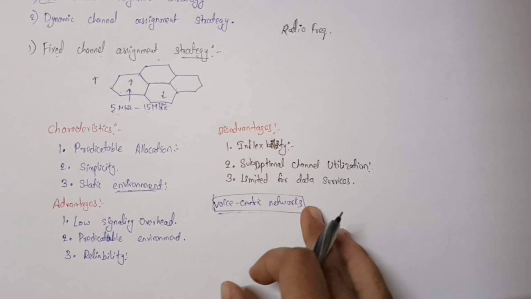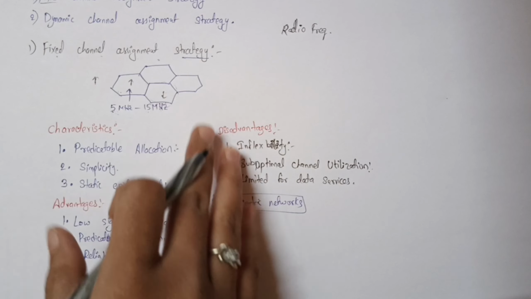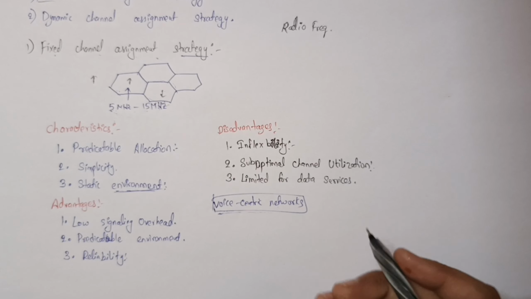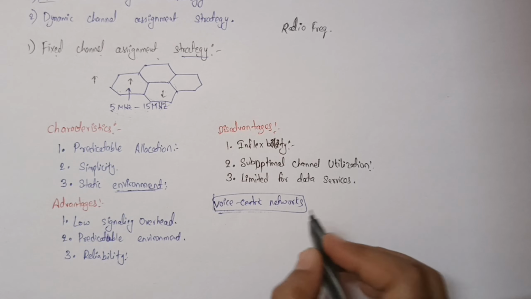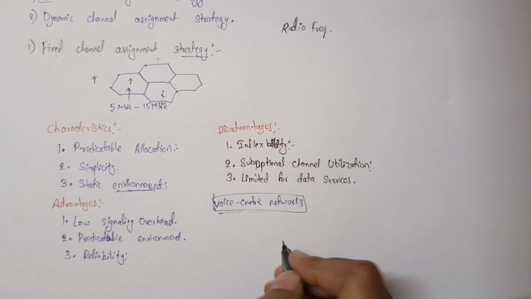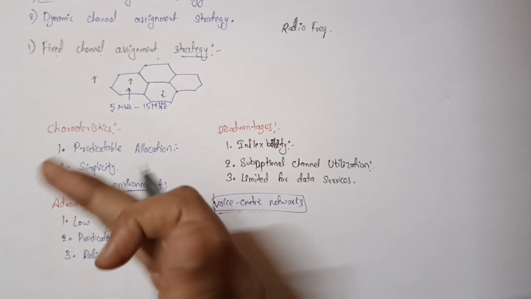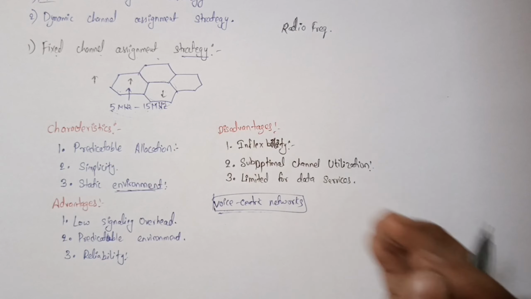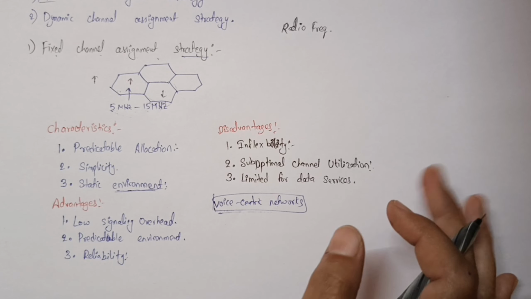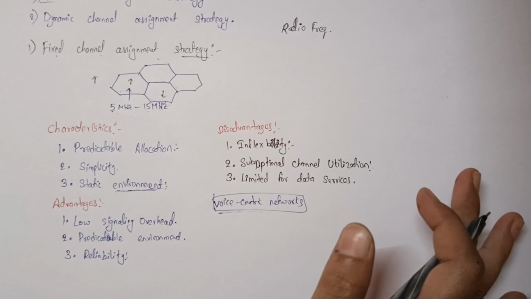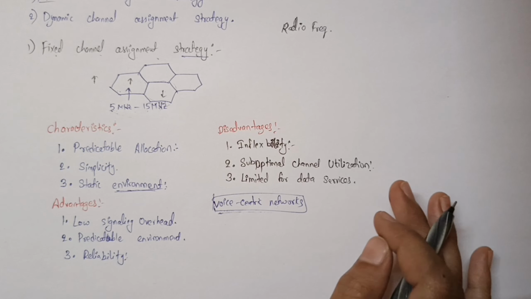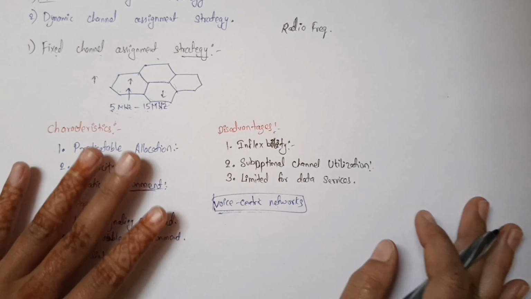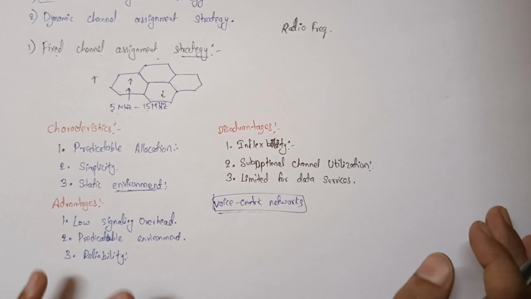Because this FCA, that means fixed channel assignment, is less suitable for data centric services that require dynamic allocation of resources based on the user demand. As here we are giving fixed channel assignment, in case of data services, that is not the case. We need to give the channel on demand only, so that thing is not possible in fixed channel assignment.